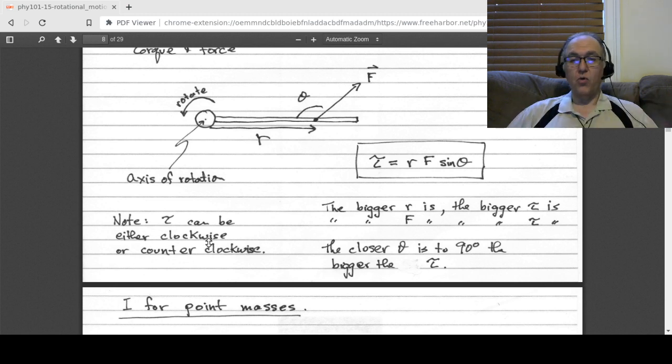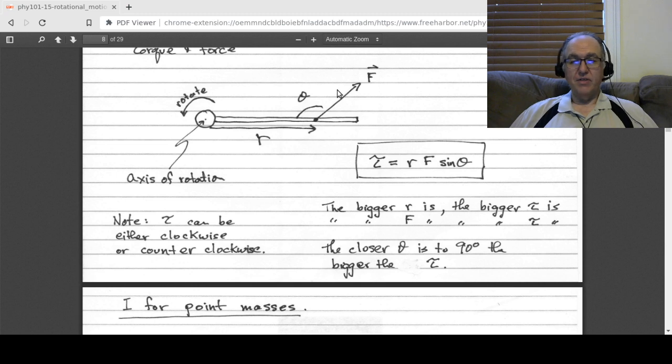We're not going to have to decompose torques into x and y components or anything like that. We're only going to have to say, does this torque want to turn something clockwise, or counterclockwise? If you take a look at this force here, here's the axis. If you were to apply this force and this thing were free to turn around that axis, this force would want to make the object rotate counterclockwise, so this will be a positive torque.